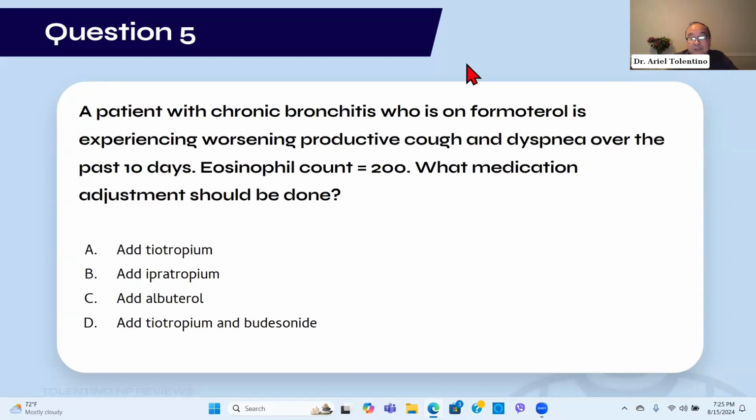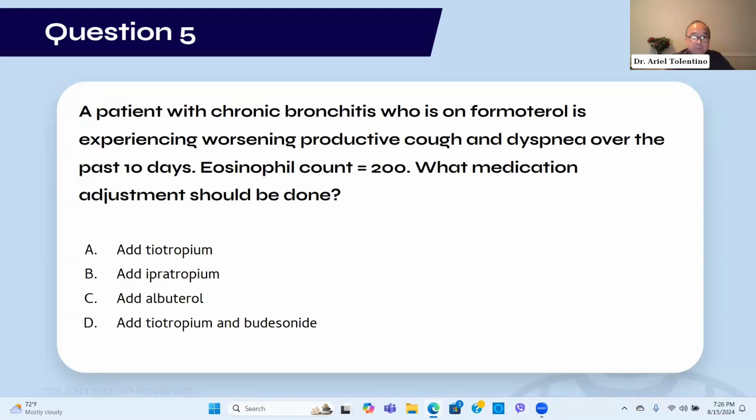Is it add tiotropium, add ipratropium, add albuterol, or add tiotropium and budesonide? So let's end the poll, please. Okay, and of course the answer would be to add tiotropium.